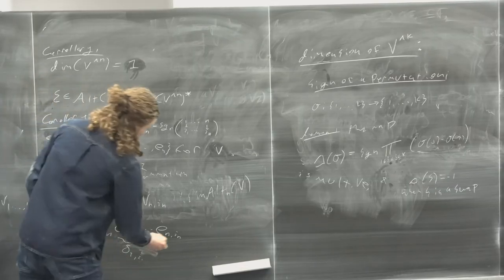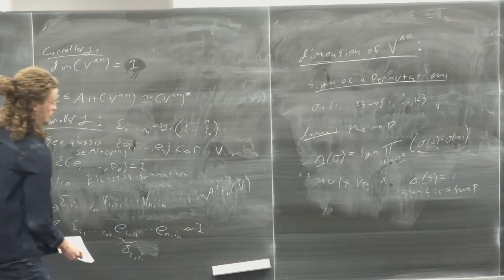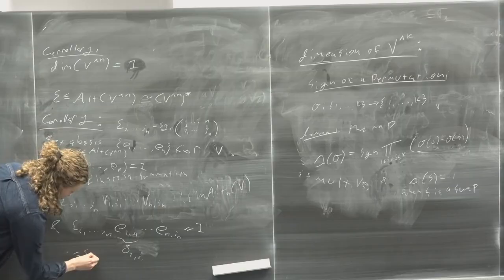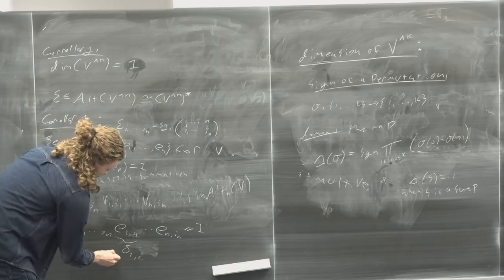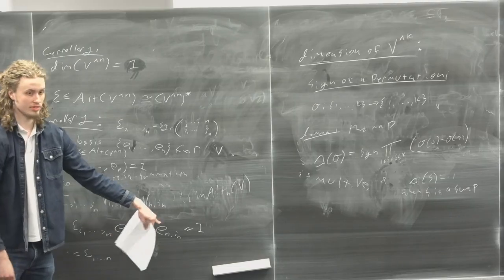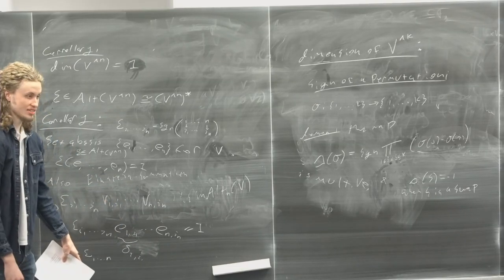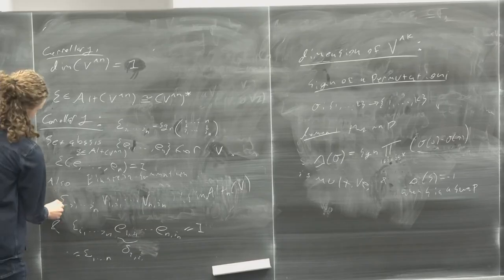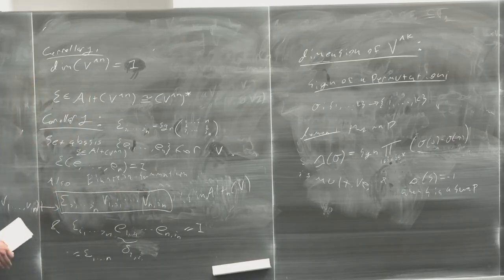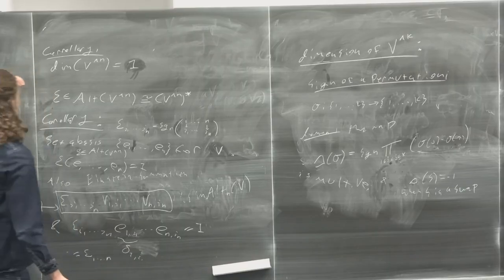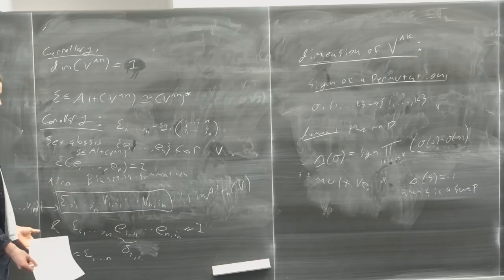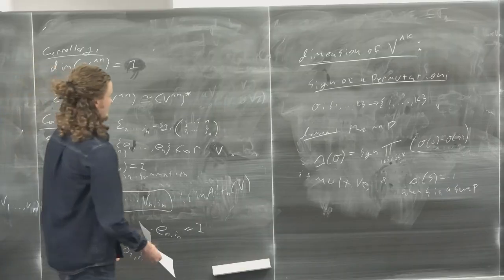The only one that doesn't have one of these deltas being 0 is the entry epsilon 1 up to n, and you get a bunch of 1s from these deltas. This is just 1, because this is the identity permutation. So this gives us a nice formula. This is the determinant: if you have a matrix with these columns, you can compute it like this. It's nice that you can arrive here without appealing to any structure on V other than picking this basis. In fact, you don't even have to pick the basis to get the formula.